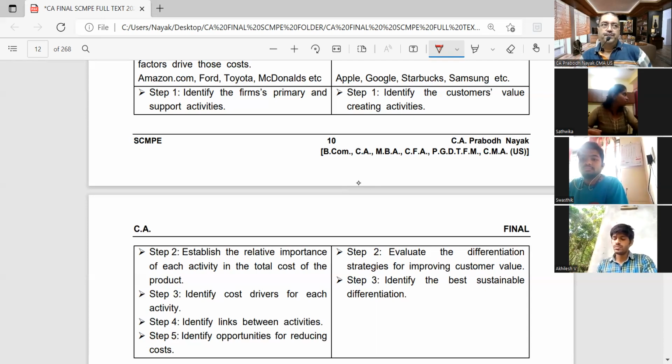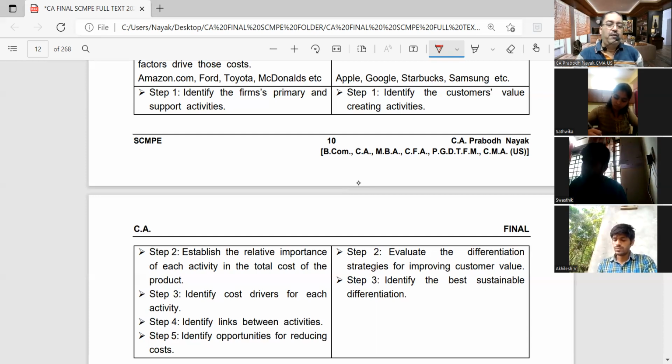Step number 4. Identify link between activities.